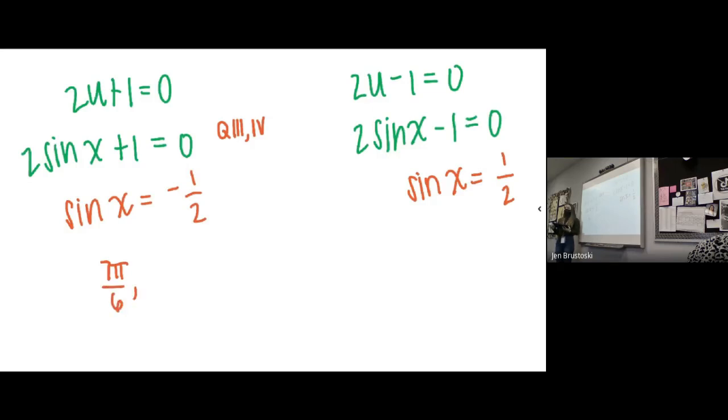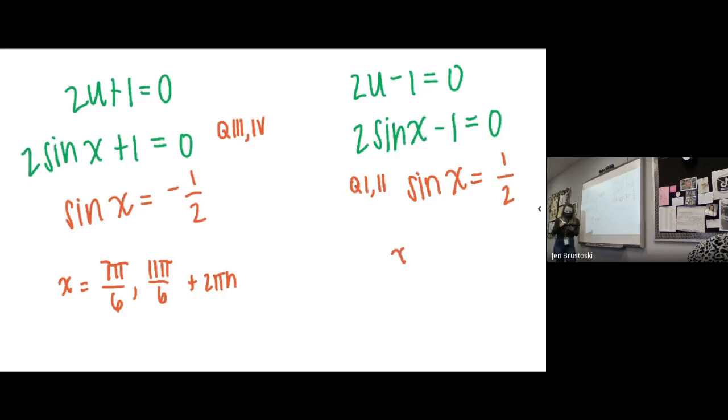And then what about in the fourth quadrant? Jenna? 11 pi over 6. Just a reminder, it's twice the denominator minus 1 in the fourth quadrant. All right, so those are those ones there. And we'll just put plus 2 pi in. All right, and then sine of x is, we already said, equal to 1/2 at pi over 6, and it's positive in the first and second quadrant.